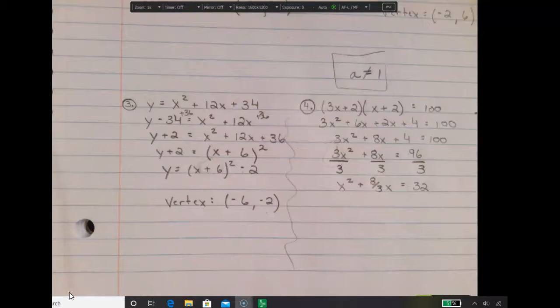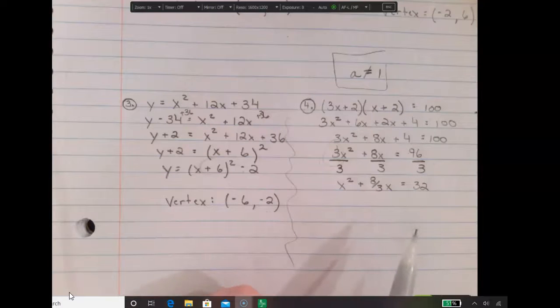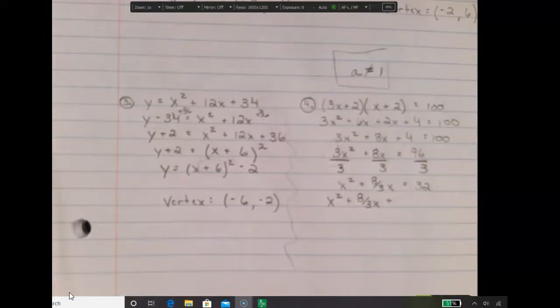Now from here, I'm going to solve it very much like we have done in the last couple of problems. Notice, I've got an x squared and an x. I need to get a c. So my next step is to find what this c is equal to. So x squared, I'm going to have to create a little room here, plus 8 thirds x plus, I need to figure out what c is.